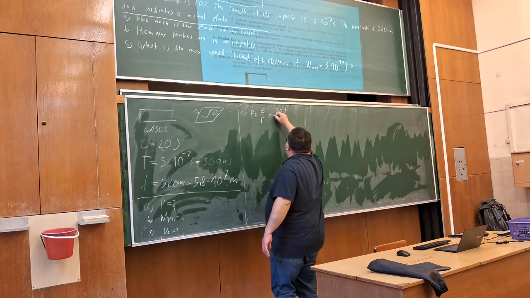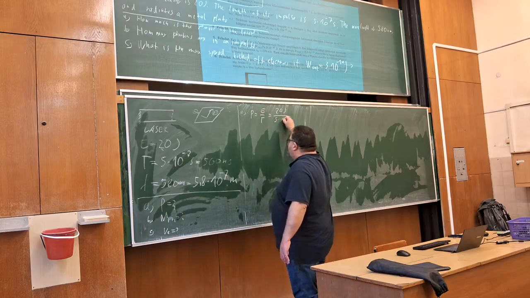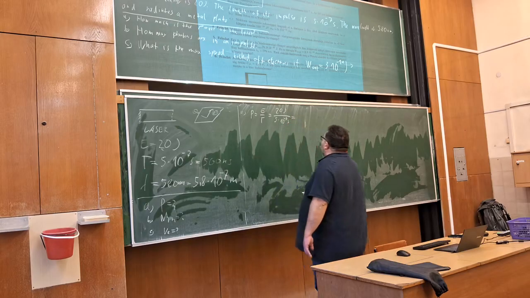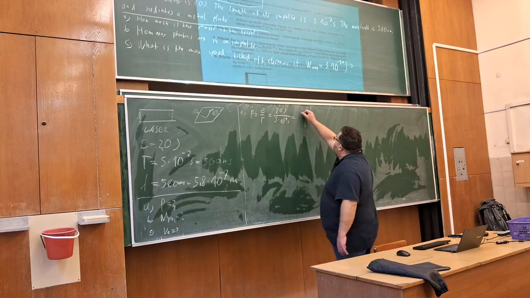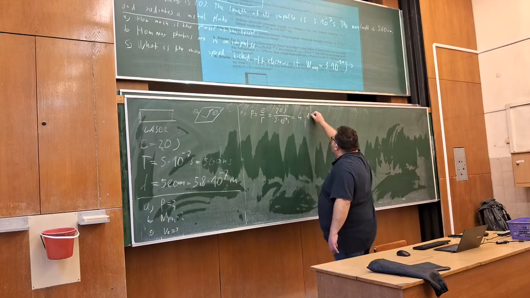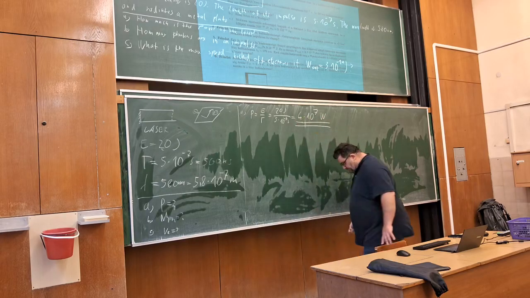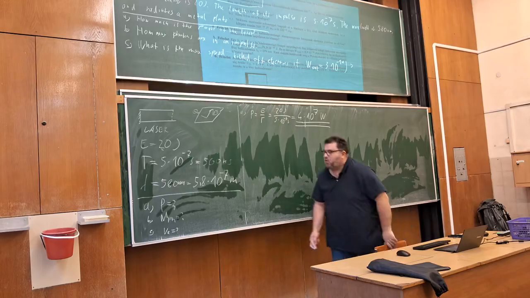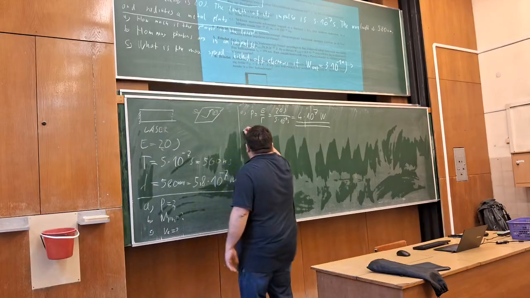That's 20 joule per 5 times 10 to the minus something, that's 4 times 10 to the something joule per second. Okay, that's easy.